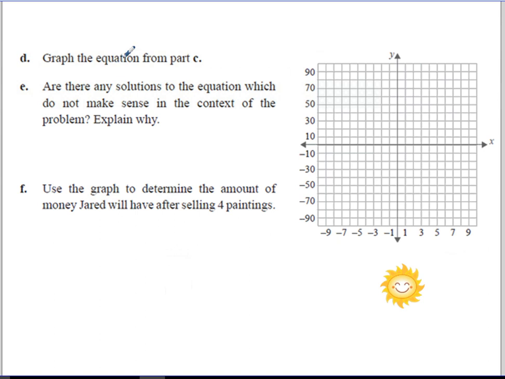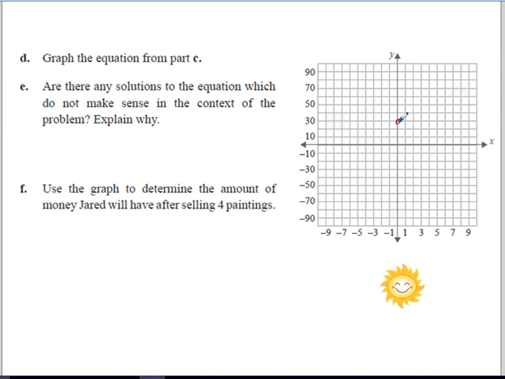Now we are supposed to graph the equation. So this is where it's nice. Notice they're counting here by tens on the y-axis, and they're counting by ones on the x-axis. And so our y-intercept was $30 when no paintings are sold.